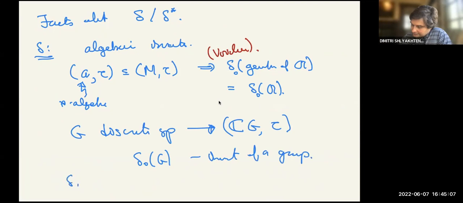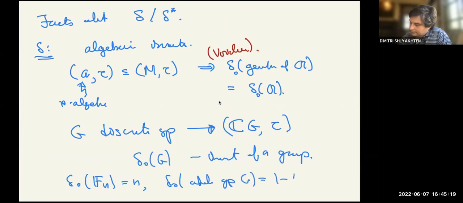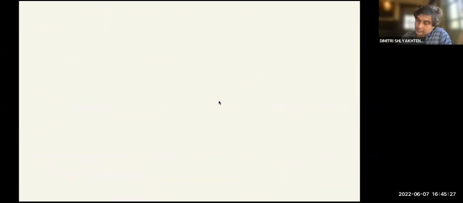You can easily compute the delta naught of a free group on n generators as n, and delta naught of something like an abelian group G is 1 minus 1 over the order of the group, and various other things like that. What about delta star?